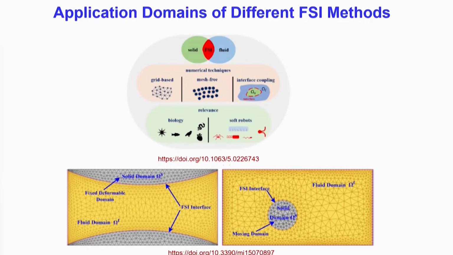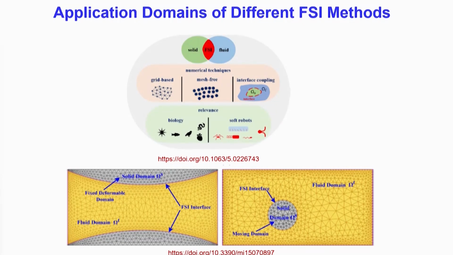So, accordingly, if you consider different application domains related to healthcare, because the focus of this course is healthcare. To summarize, you have solid, you have fluid, and fluid structure interaction is really the intersection between the fluid and the solid analysis. If you want to do that, there are ways. One is grid based, just what we talked about in the finite volume. You have a grid or a mesh, and if that mesh is a fluid domain, you should give some provision that the mesh is not fixed, but can change over time.